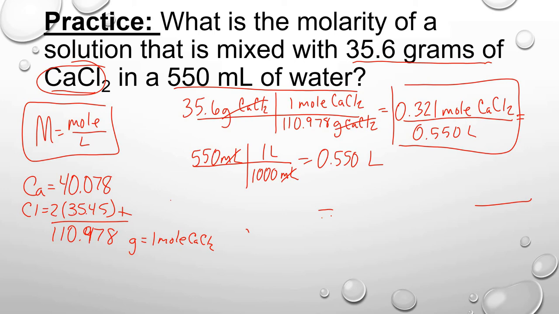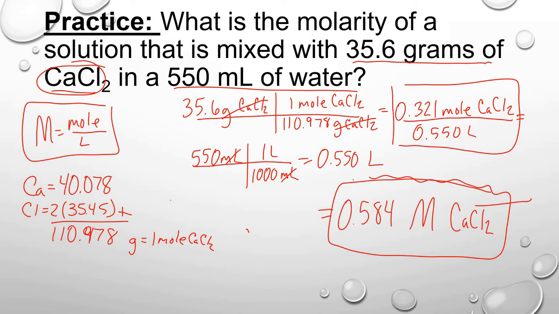And what do I get for my final molarity of calcium chloride? 3 sig figs. 0.584. Okay. Any questions? This would be my final answer. So I guess I'll put a little wiggly around it because it's my final answer. Got it written down so you can follow it when you have your own problems to do?